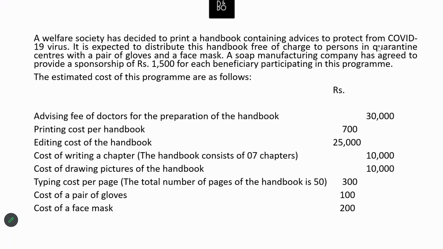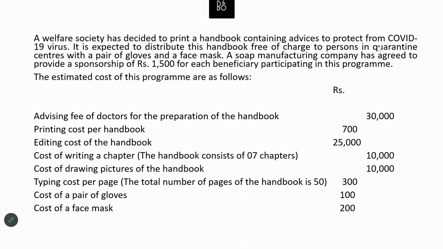But this is free of charge, so they need some sponsorship. A soap manufacturing company has agreed to provide a sponsorship fee of 1,500 for each beneficiary participating in the program.